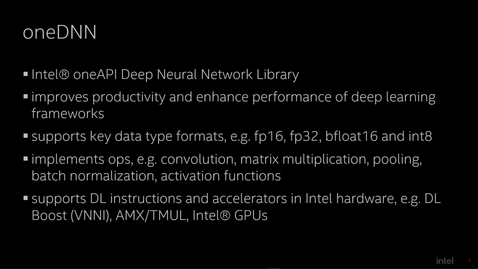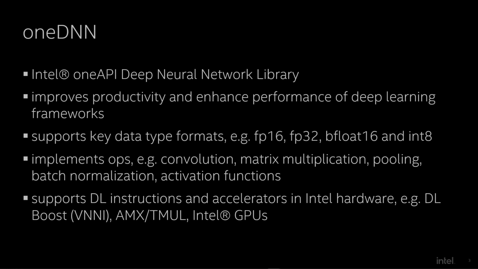Intel has added deep learning instructions such as DL Boost in the Cascade Lake CPUs. OneDNN has implemented ops like convolution and matrix multiplication using these new instructions. It will also support the AMX instructions that will be found in the Sapphire Rapids CPU.